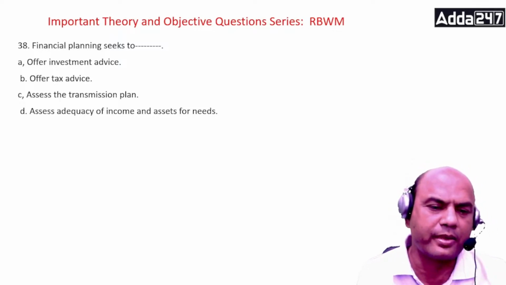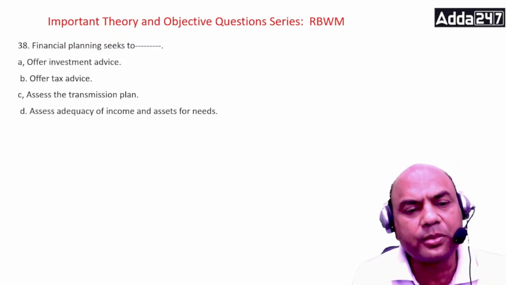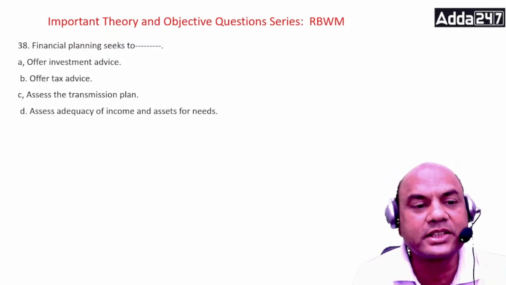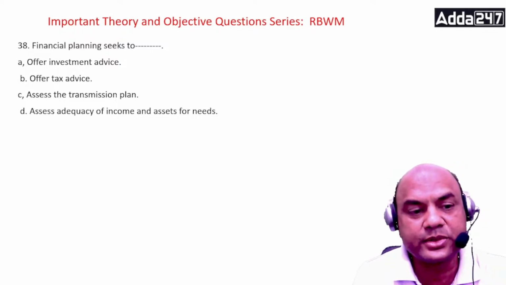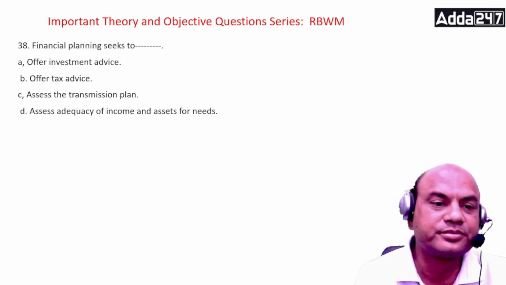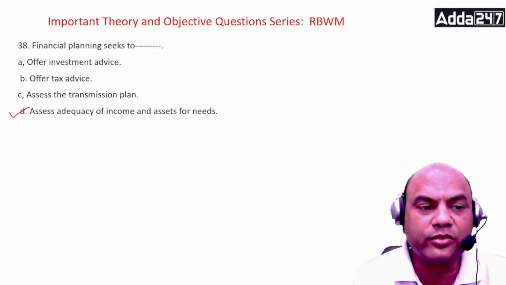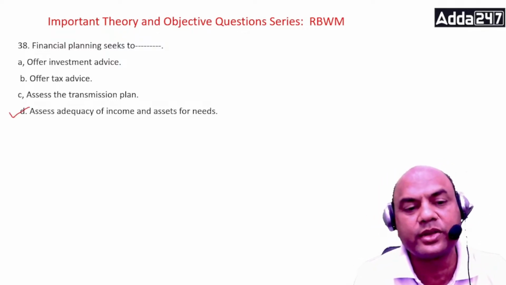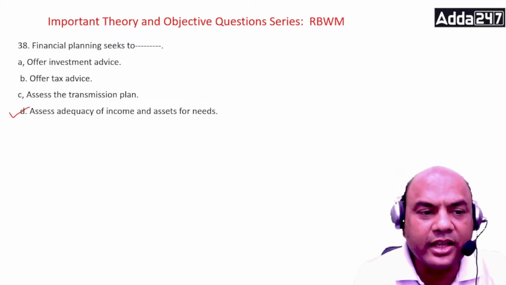No. Financial planning is basically looking at the options first. Offer investment advice, offer tax advice, assess the transmission plan, assess adequacy of income and assets for the needs. Which seems to be the right answer? Obviously the last one.